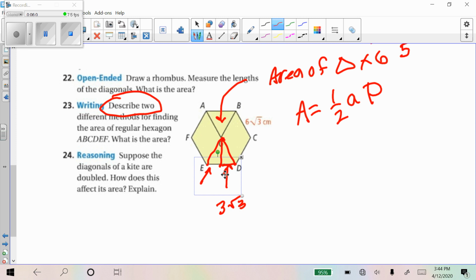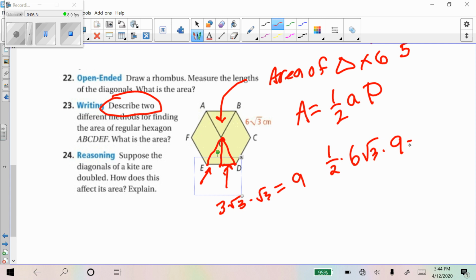And remember that the long side of a 30, 60, 90 triangle is the short side times the square root of 3, and that equals 9. So we have a height of 9 on this triangle, and the base is 6 times the square root of 3. So I'm going to do 1/2 times the base, which is 6 times the square root of 3, times the height, which is 9.